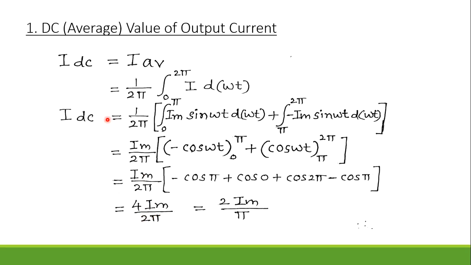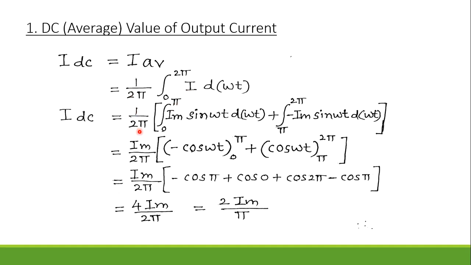Then the first factor that we are going to derive is the DC or the average value of the output current. Now IDC is nothing but the average current, I average. So this is equal to 1 upon 2 pi into the integral from 0 to 2 pi of I d omega t, where I is the instantaneous current.